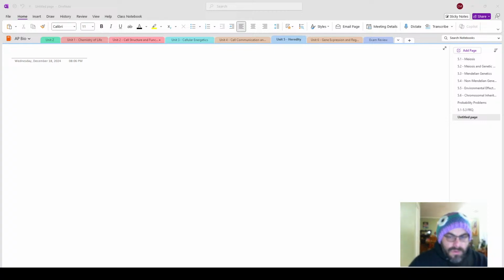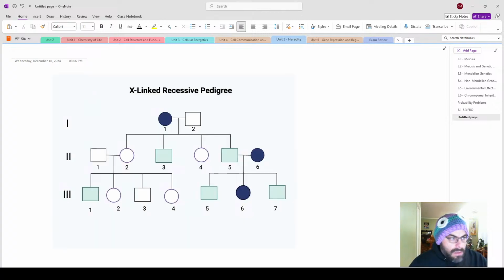So bear with me for just a moment. Perfect. All right. I said that, and now it won't paste. Okay. Sometimes OneNote is really weird. There it is. Okay.